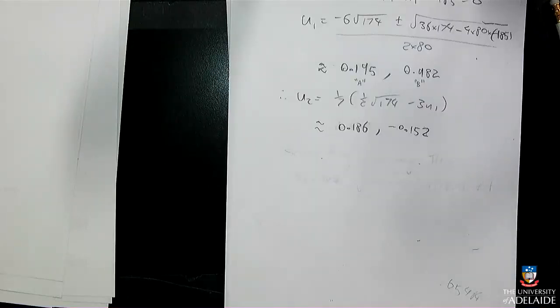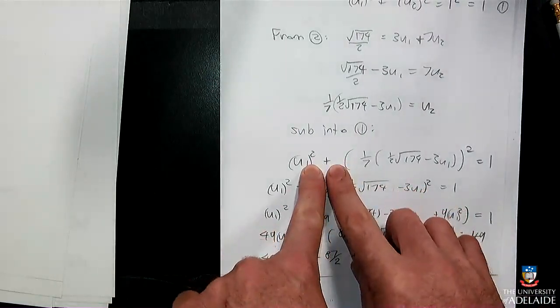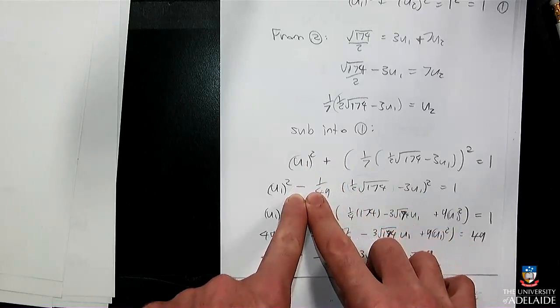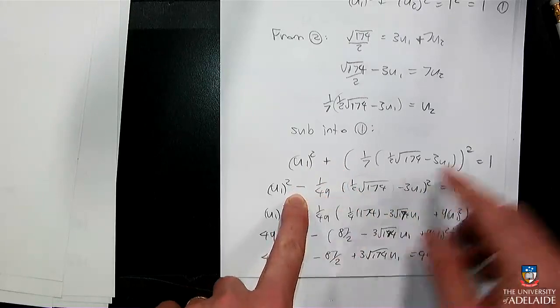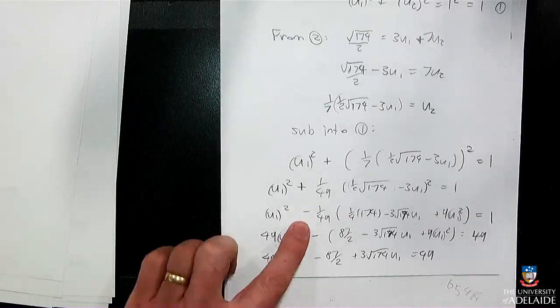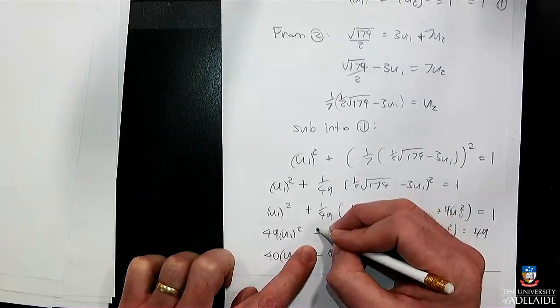I just paused the video for a minute while I went and got really frustrated, and I've discovered a problem. My problem is that way back here when I had a plus, it somehow became a minus on the next line. So that's actually supposed to be a plus, which means this is supposed to be a plus, which means this is supposed to be a plus.